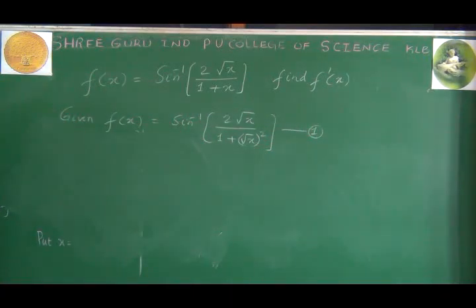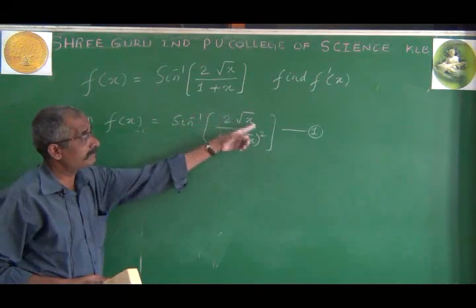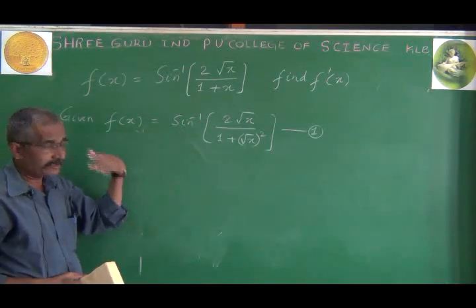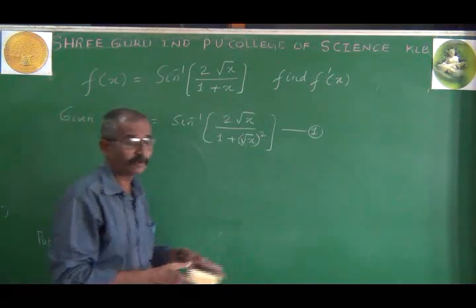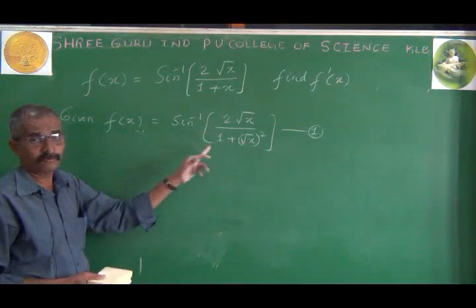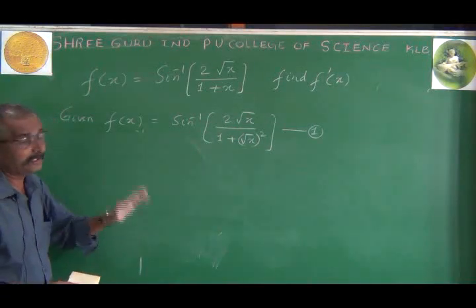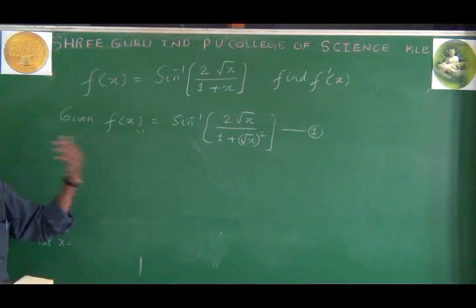Now, you can easily realize by seeing this bracketed expression that it resembles one of our noted trigonometry formulas. It is just in the form of 2 tan theta by 1 plus tan square theta, but you have to get into that form.